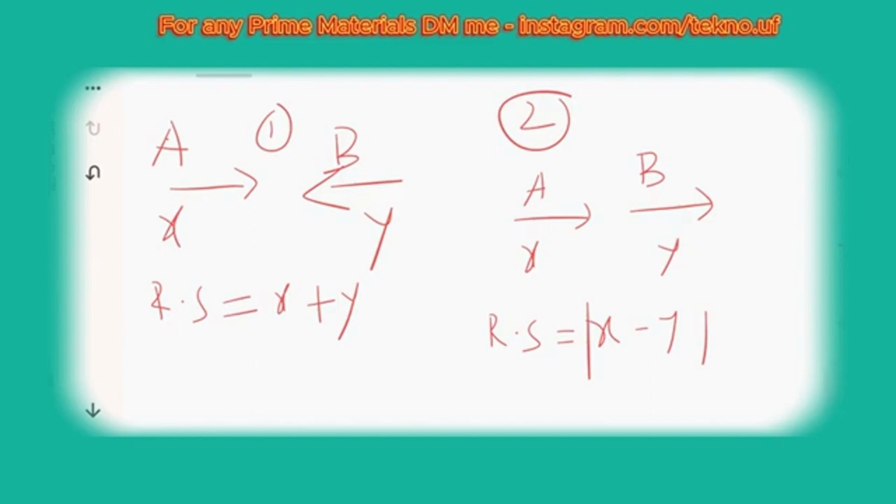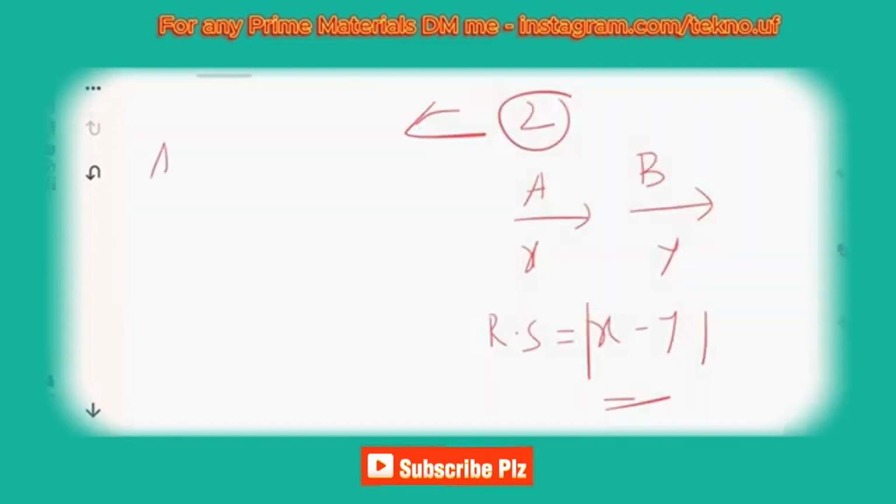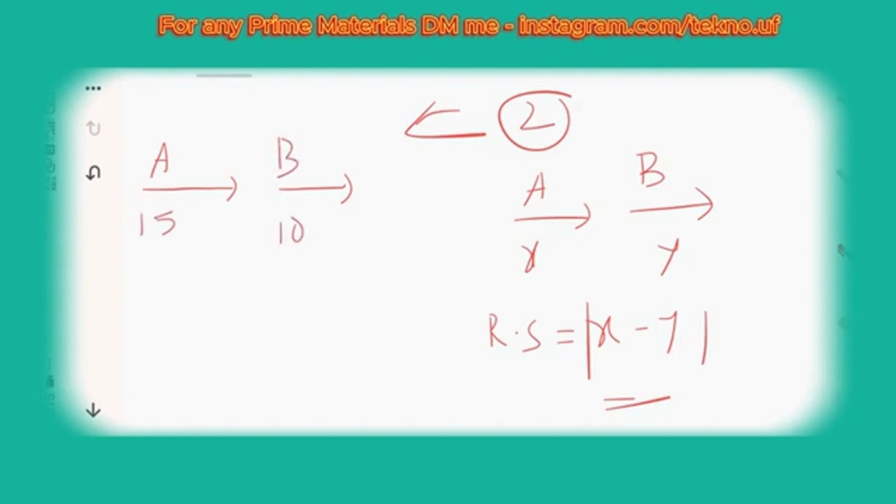A and B are running in the same direction at the speed of 15 kilometer per hour and 10 kilometer per hour respectively. If their distance is 500 meter, then when will A meet B?